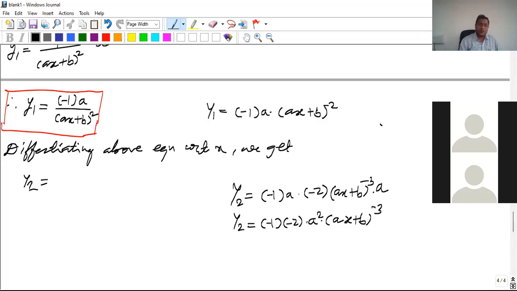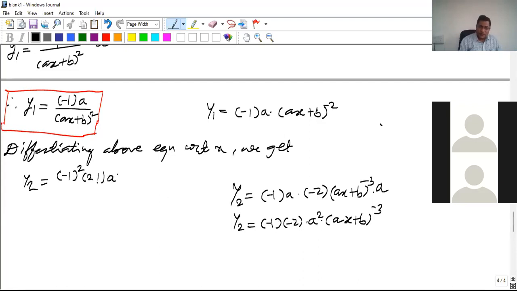Okay, but as we know, we have to generalize this. So I'll take minus 1 from here, and minus 1 from here, and I can write this as minus 1 square. Then what remains is, if I take minus 1 from here, I have 1 here. If I take minus 1 from here, I have 2 here. So 2 into 1, I can write as 2 factorial.